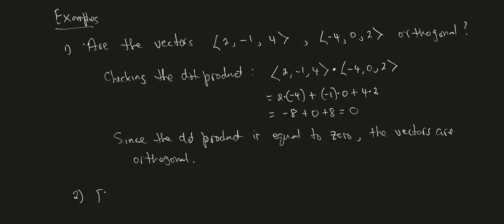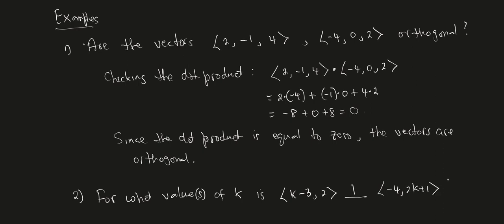So let's say, for what value or values of k is the vector k minus 3 comma 2, and I'll use the orthogonal sign here, orthogonal to this vector, -4 and then 2k plus 1?